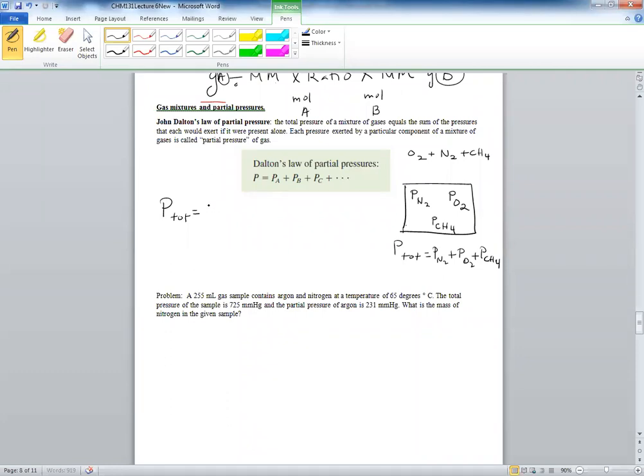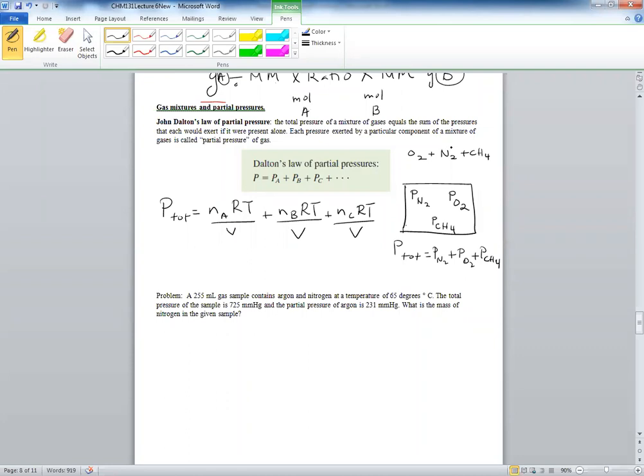What's going to be different is n of A, because we have different amounts, while RT over V is going to be the same. n of B will be different, over V, plus n of C RT over V. Think about it: the volume is not going to change, it's just that tank, right?